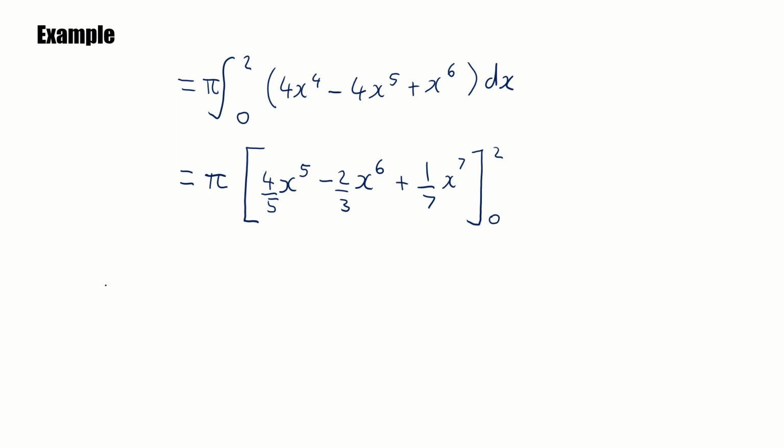And then although the next part is ultimately just a bunch of number crunching, we're still going to show ourselves manually plugging in the limits, because there's often a method mark for showing you understand how to use the limits of an integral. So I'm going to show myself writing out what happens if you plug in the first limit of 2 into everywhere that you see an x.